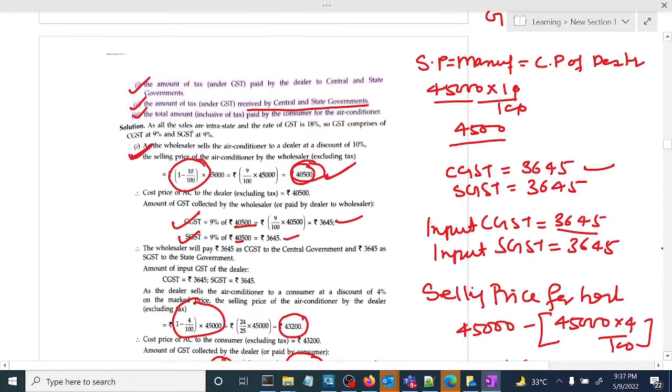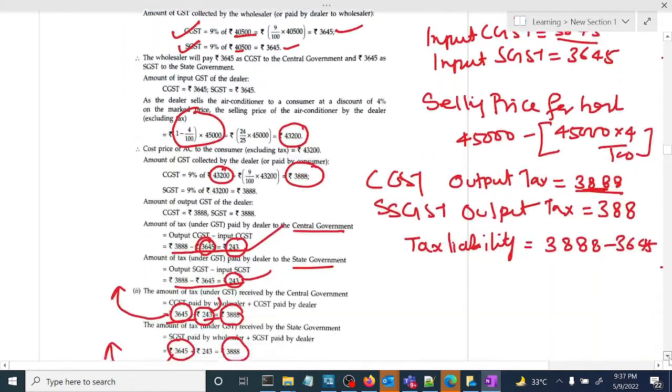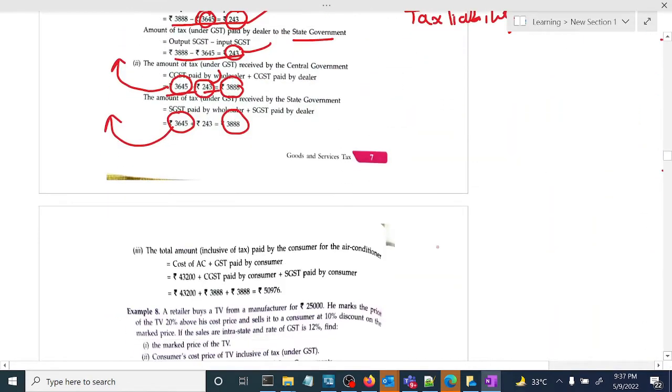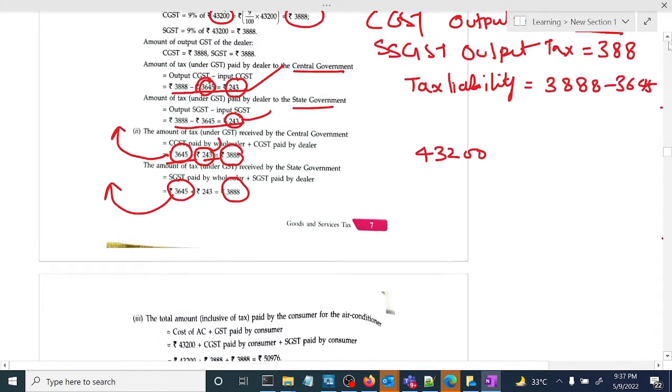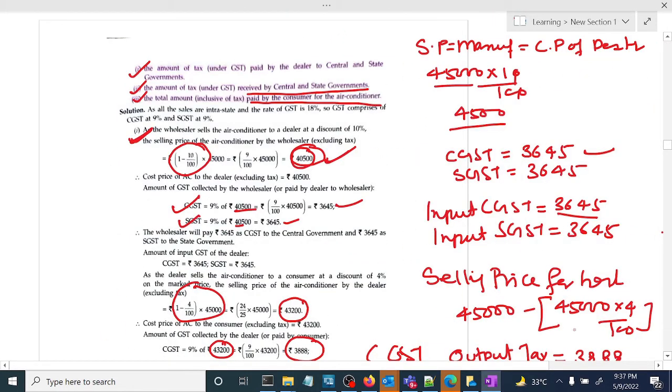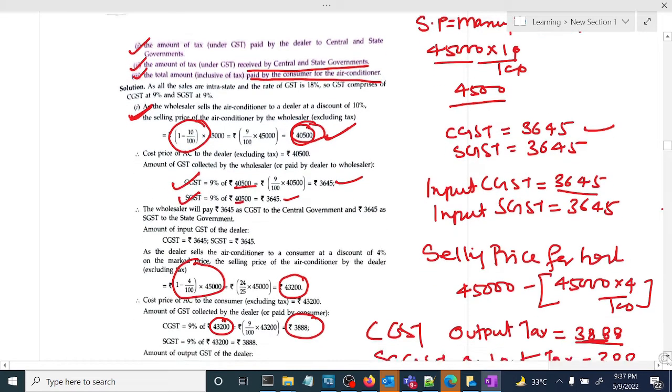The third part was the total amount inclusive of tax paid by the customer. So it's very easy. See, the cost was 43,200, right? Because this is the selling price. If you see here, the 4% discount, the marked price was this, 4% discount, so it was 43,200. So this is the amount.